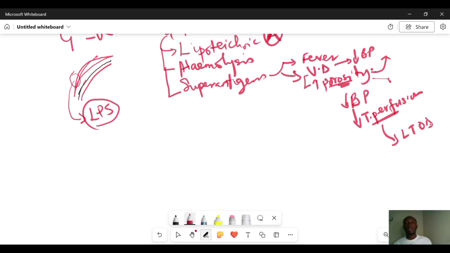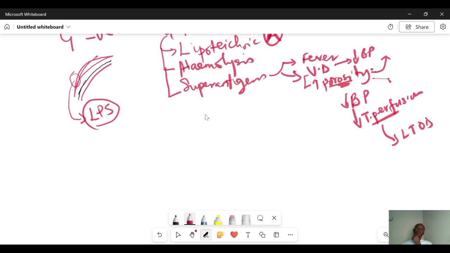Because the kidneys, for example, if they are not well perfused, are going to develop AKI, acute kidney injury, which can go down the stream and amount to other renal pathologies. So this is what superantigens do.